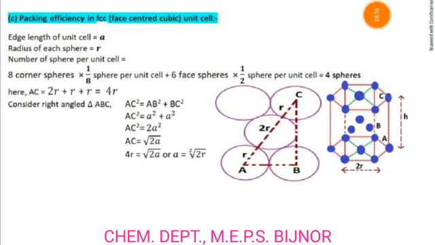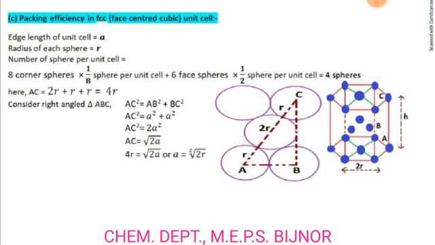Next is the packing efficiency in FCC, face centered cubic unit cell. The length of the unit cell is A and the radius of each sphere is R. The number of spheres per unit cell is 8 corner spheres multiplied by 1/8 sphere per unit cell, plus 6 face spheres multiplied by half sphere per unit cell, which is equal to 4 spheres.